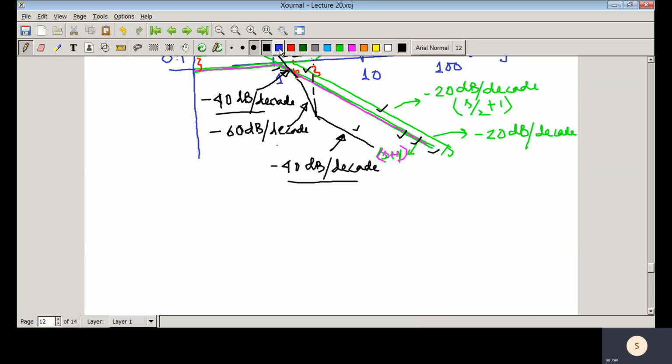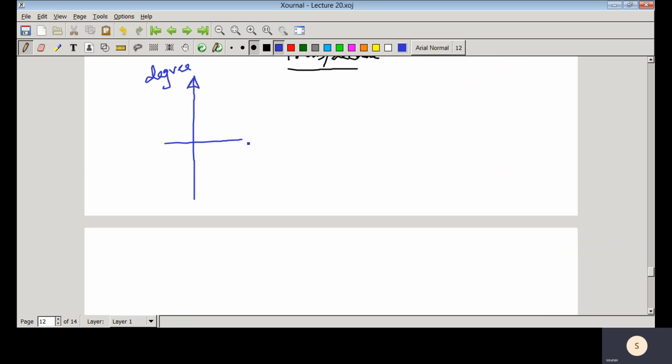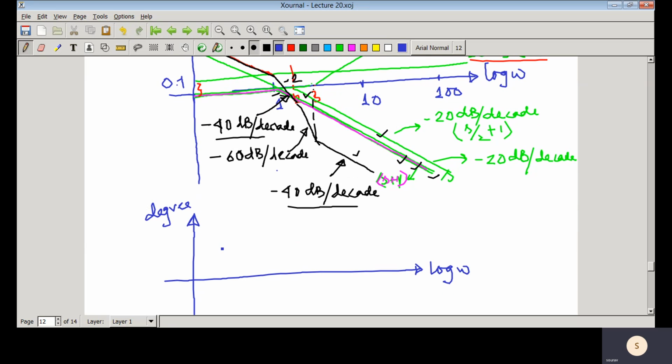So now let us see what happens in case of the phase. So this is the degree axis, and we can see what the phase would be. Here again we look at the corner frequencies. Here we have 0.1, then 1, then 10, like that.